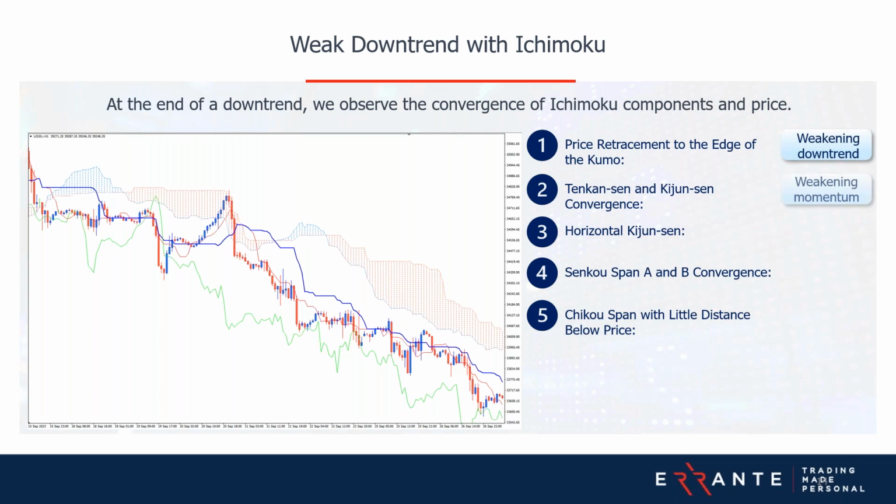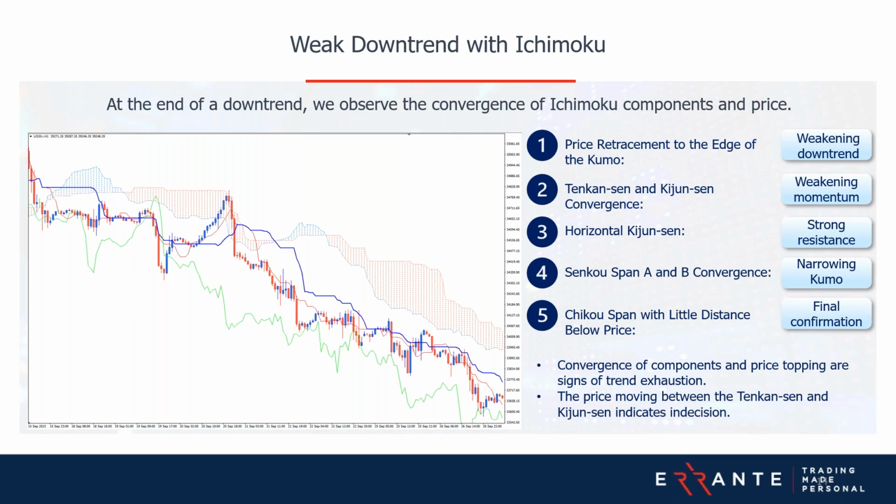So we have a weakening downtrend, we have a weakening momentum, we have a strong resistance, and we have a narrowing Kumo, and we have the price getting closer to its historical movement.